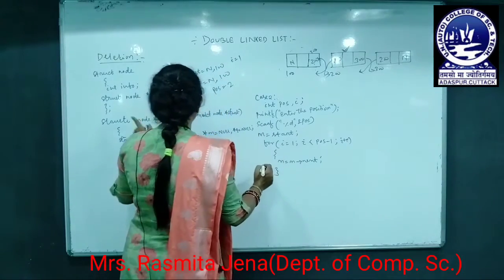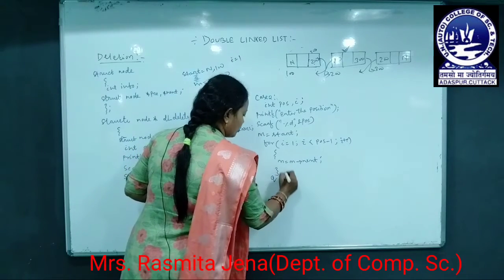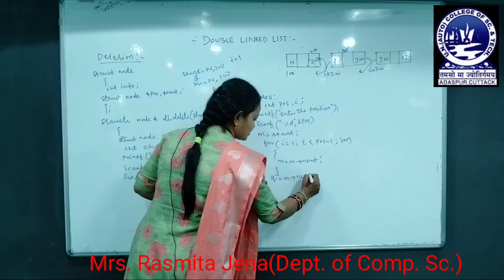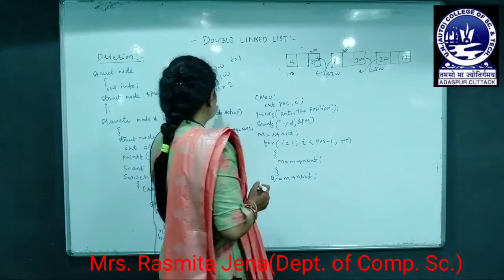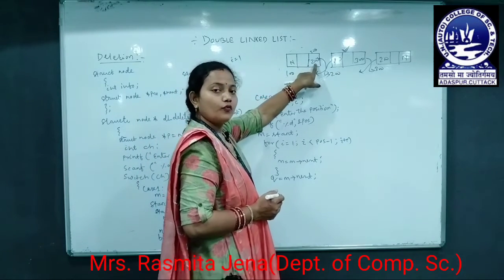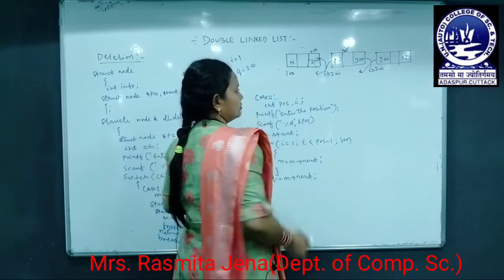So I can write, we have a variable q. So I can write q equals to m next. So m is 100 and q will store the next value of m. So q contains 200.